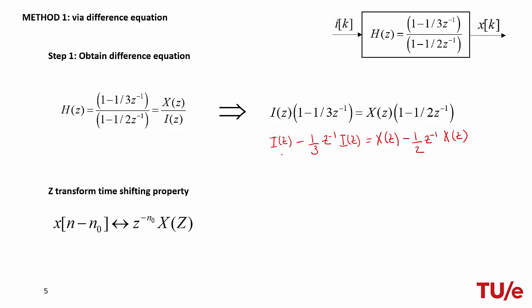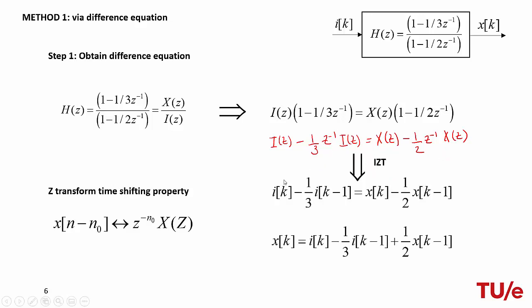By this property, I(z) is simply I(k), and X(z) the same, X(k), while this one becomes minus 1 over 3 I(k minus 1), this shift, so minus 1, and the same for x.